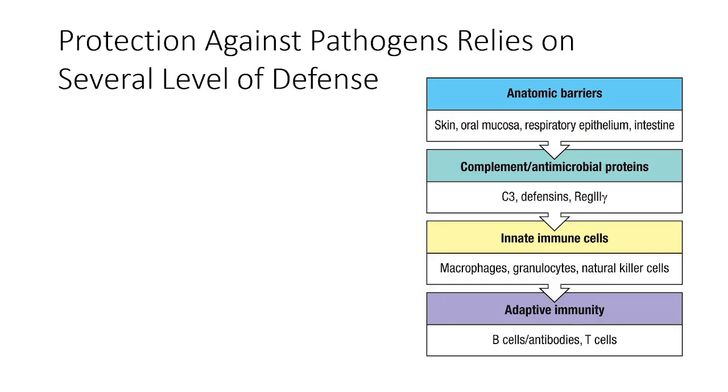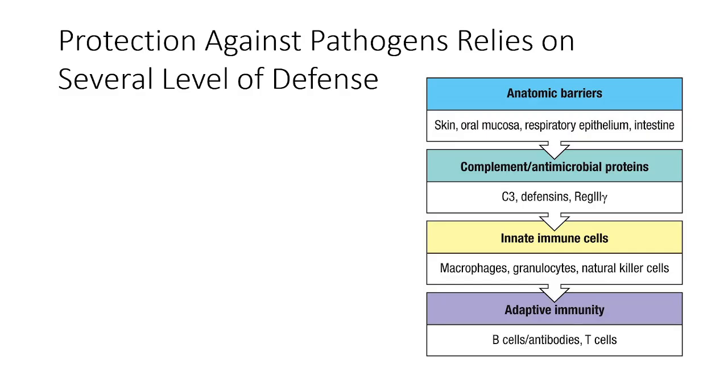Then the antimicrobial proteins: if the barriers are breached, these proteins immediately attack the pathogens by punching holes in the membranes or attacking them for destruction. The innate immune cells are the first responder cells that recognize general patterns on the pathogens. They swallow germs, phagocytosis, or release chemicals to kill the infected cells.